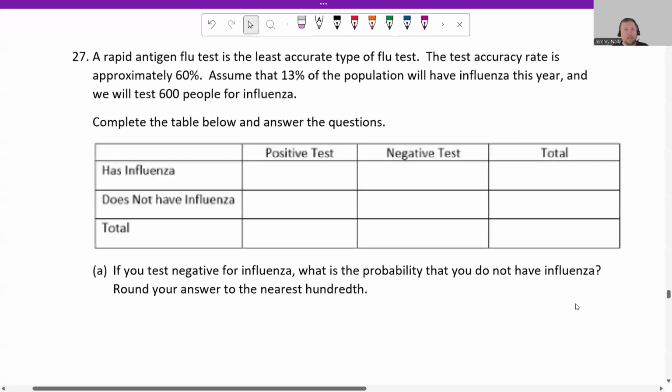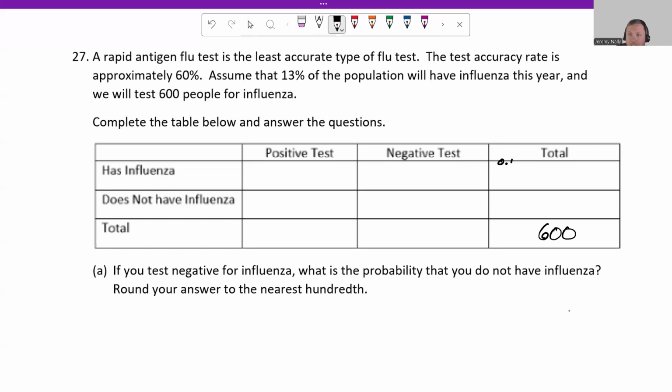Okay. A rapid antigen flu test is the least accurate type of flu test. The test accuracy rate is approximately 60%. Assume that 13% of the population will have influenza this year, and we will test 600 people for influenza. Complete the table. So part of the points for these kinds of questions is getting the table correct. So 600 people being tested, 13% will have the flu.